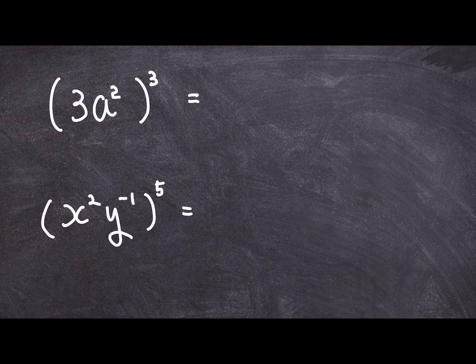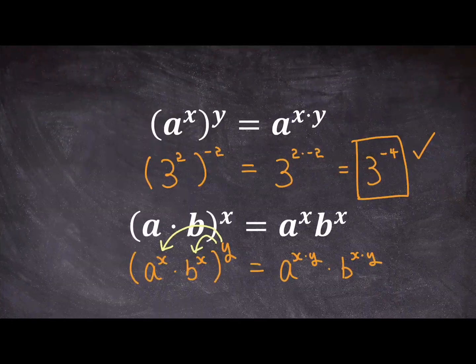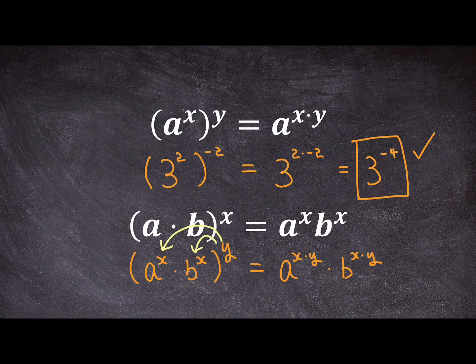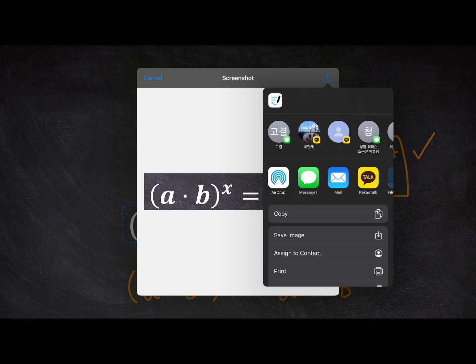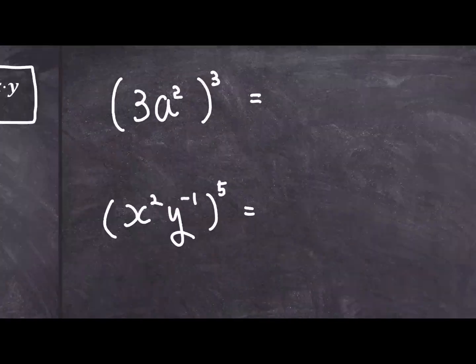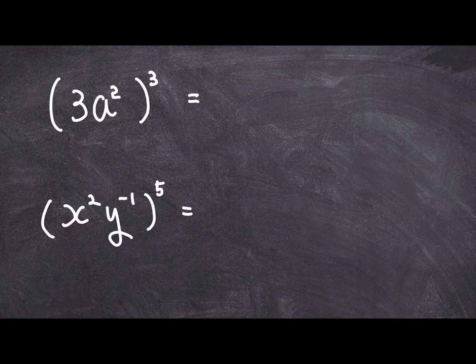Now here I have 3a squared to the power of 3. How will I solve this problem? Let's move the solutions down a little bit, and copy this area and then post it right here for my reference.